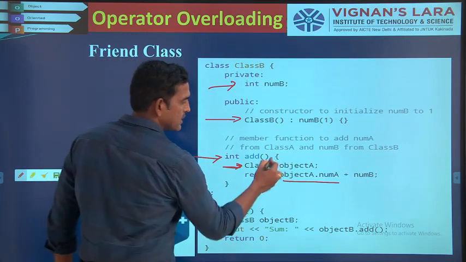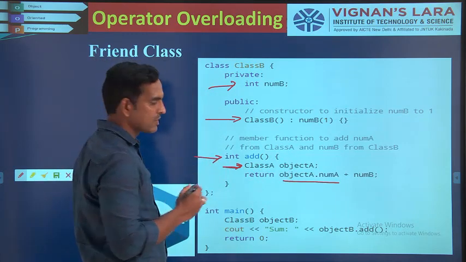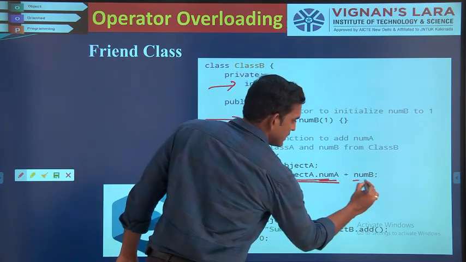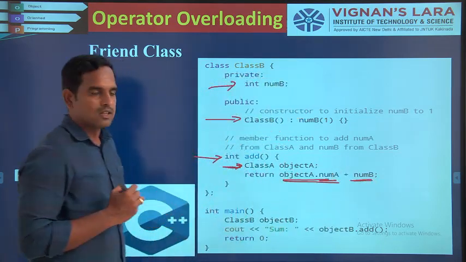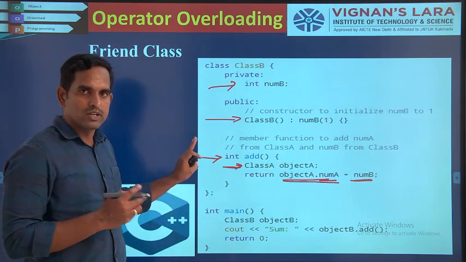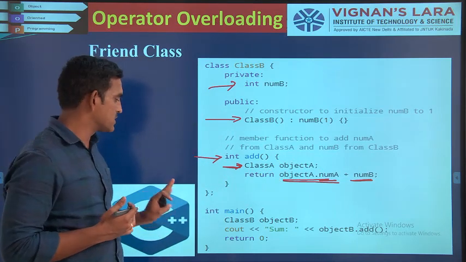Since the object of A can access numA, it can use object.numA plus numB. This is how you can use friend classes to access different properties like this.